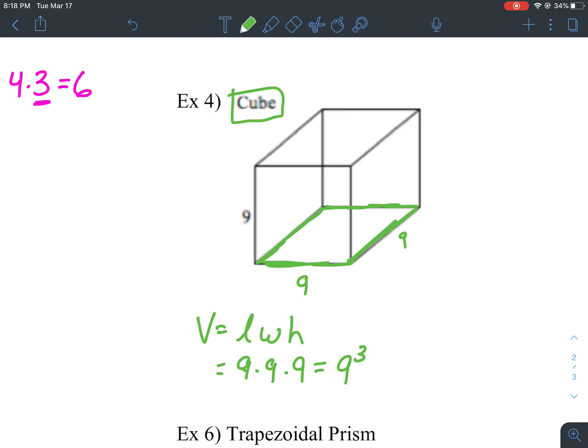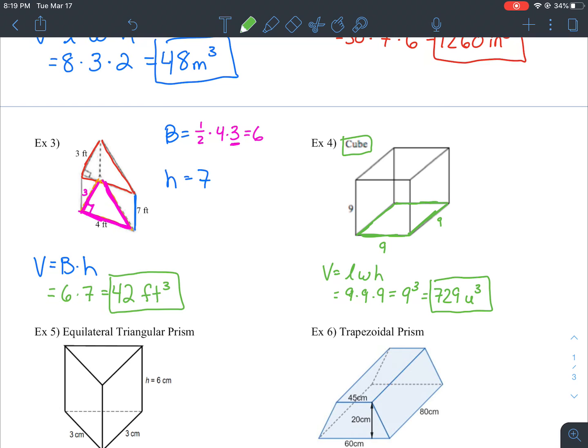So if we were to do 9 cubed, or 9 times 9 times 9, that comes out to be 729. In this case, they did not give us units, so that is just going to simply be units cubed. Okay, so a cube does fall into that category, or that special case of a rectangular prism.